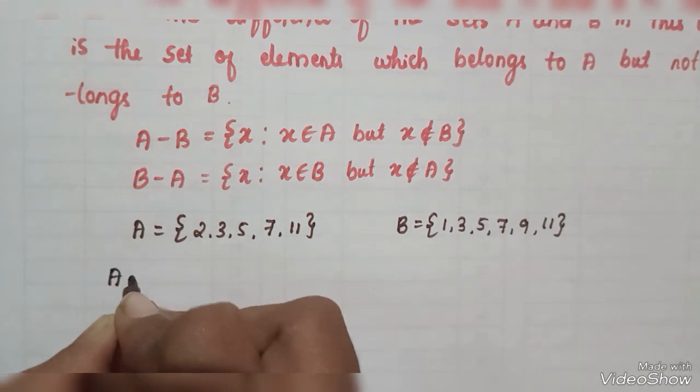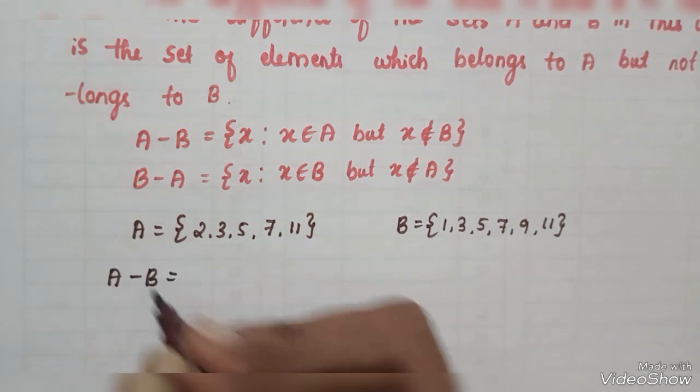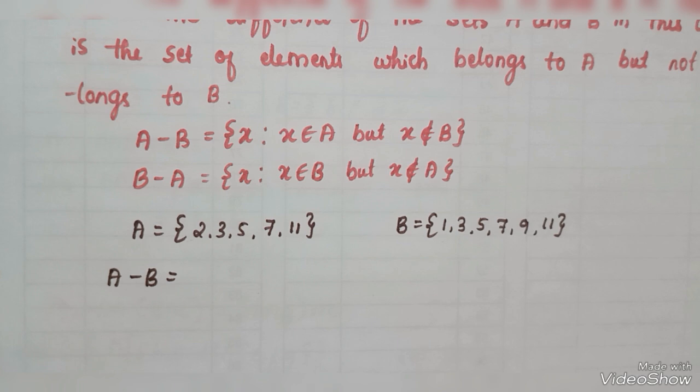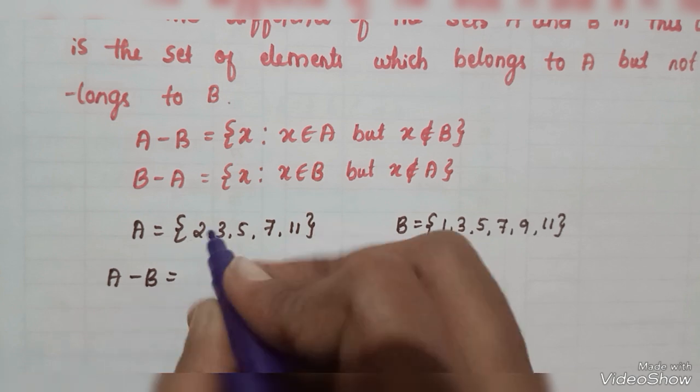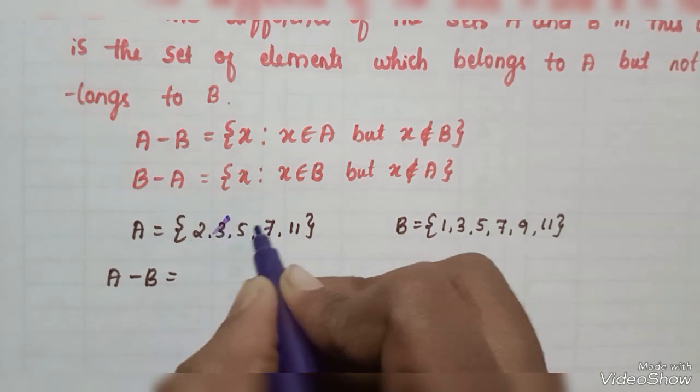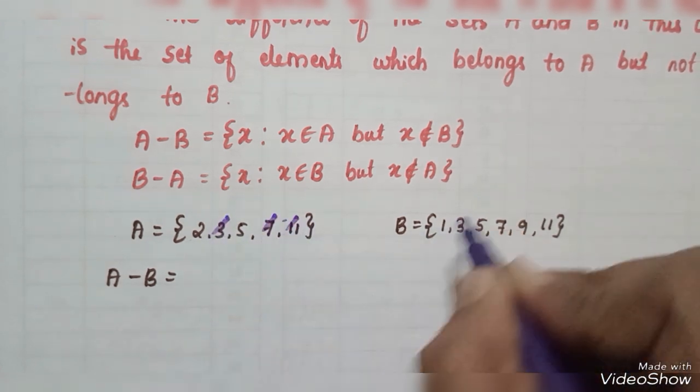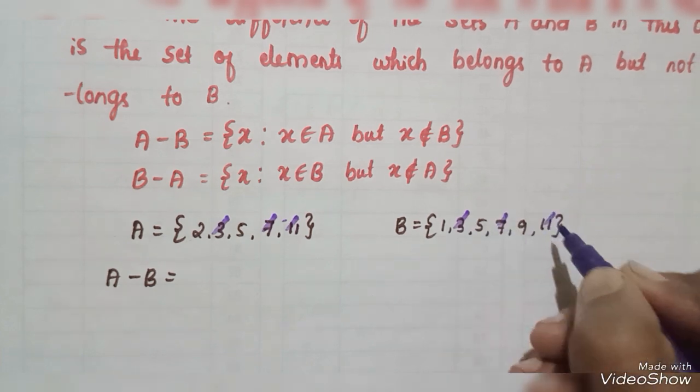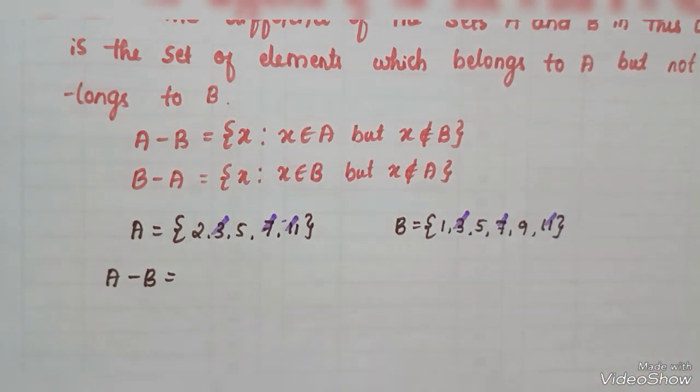Here A minus B means the elements which are present in A but not in B. First, I have to check the common elements. Here the common elements are 3, 7, 11. Here also 3, 7, 11 are the common elements. So, we have to neglect them.